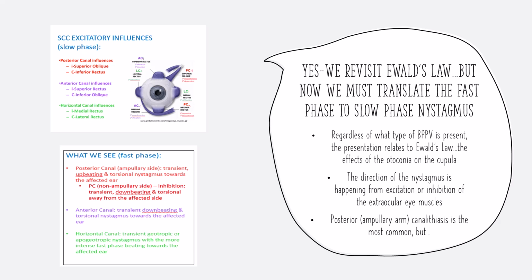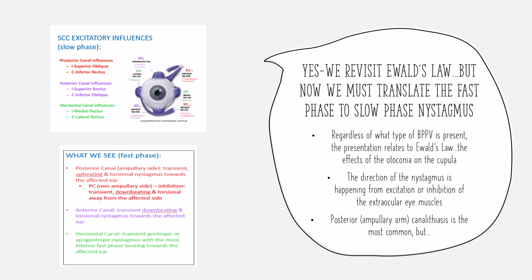And so in this lesson, we go back and review the semicircular canal excitatory and inhibitory influences because that drives what we see in our assessment based on where those otoconia are, either free-floating or stuck somewhere in one or more of the canals, or maybe even on the utricle side of the canal, particularly the posterior canal.